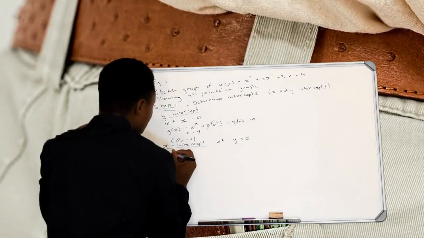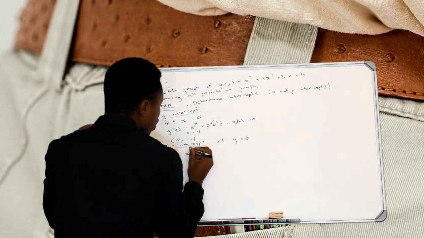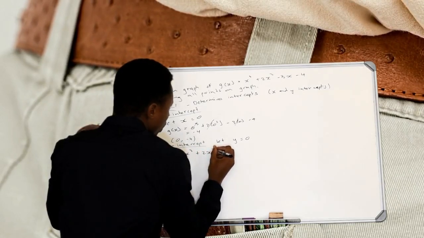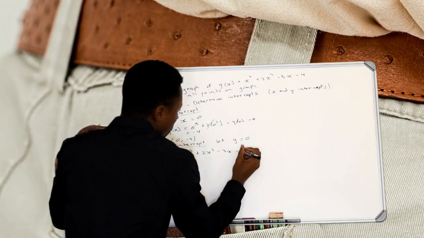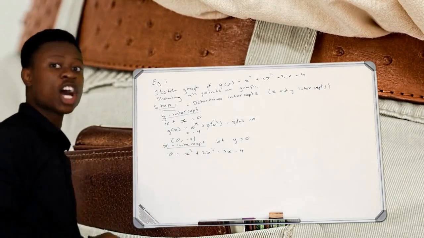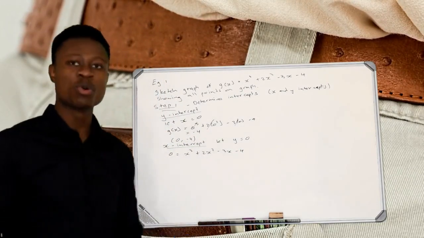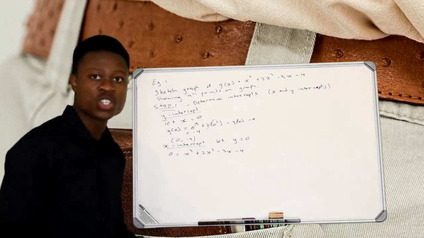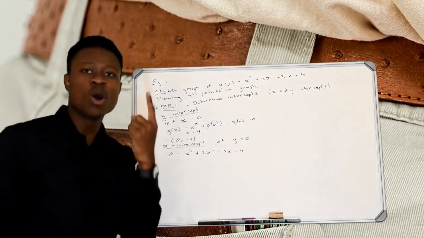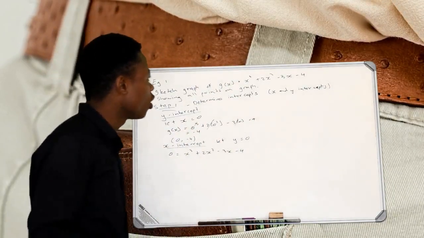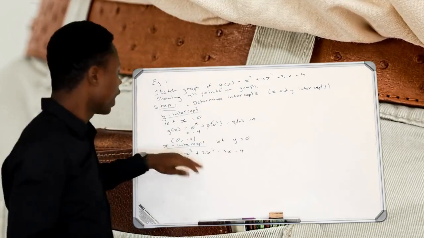So now in our equation, we have 0 is equal to x cubed plus 2x squared minus 3x minus 4. Okay, this looks a lot more complex than the last time when we made x equal to 0, because y is only one coordinate. It's only one point in this whole graph. So now what does this mean?